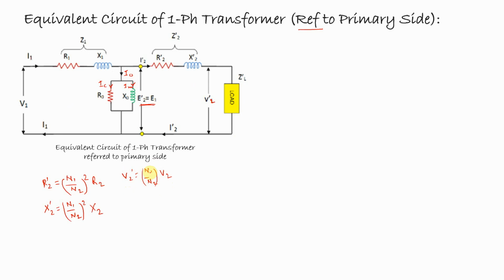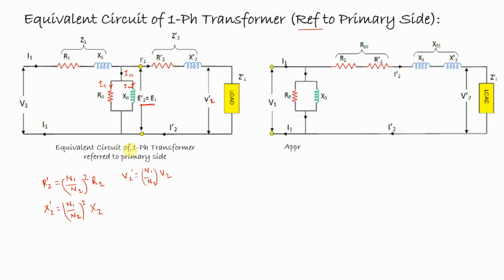Now the circuit can be modified again by transferring this parallel part to the beginning of the circuit. So here it is. This is considered as the approximate equivalent circuit of the single phase transformer referred to primary.